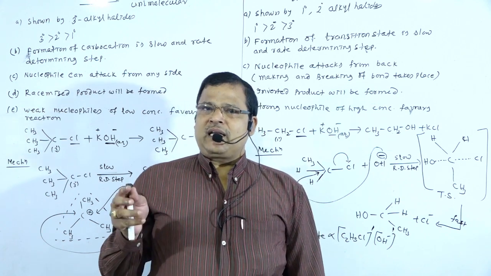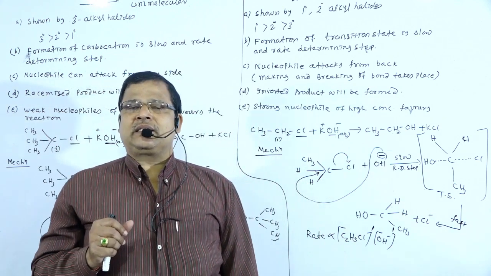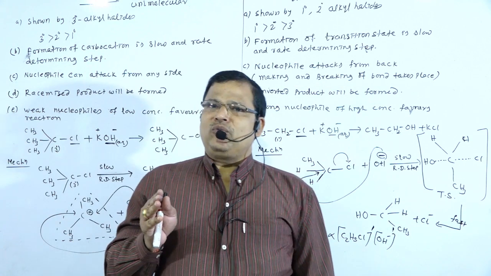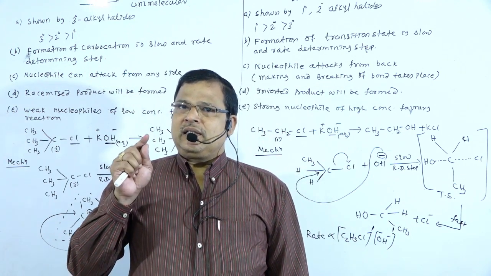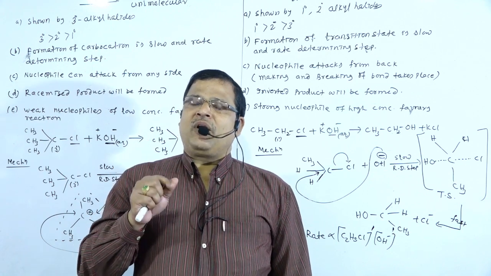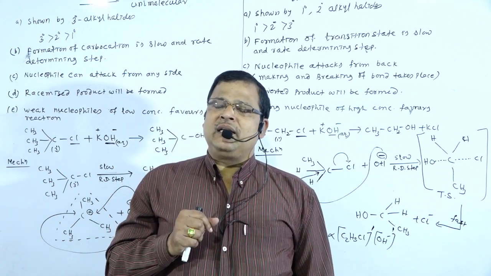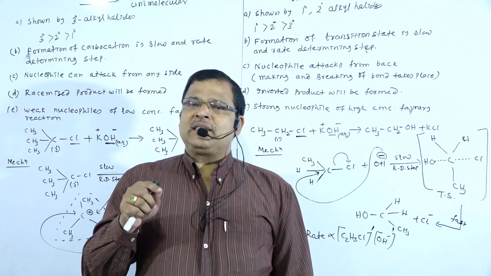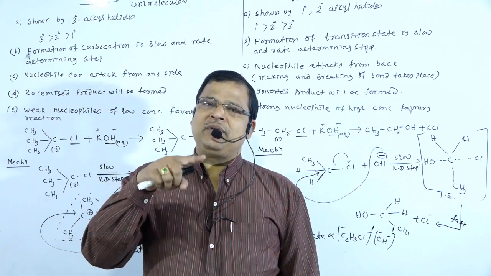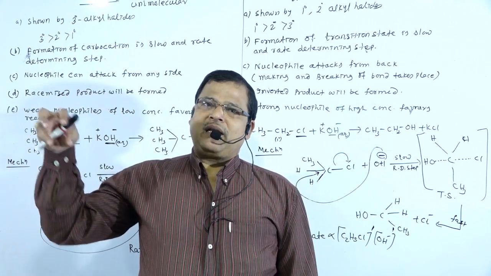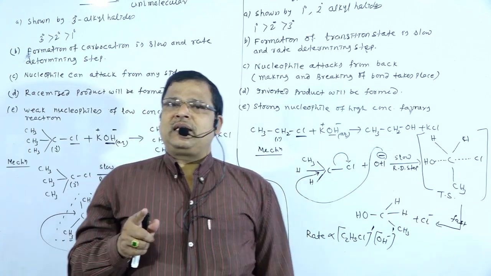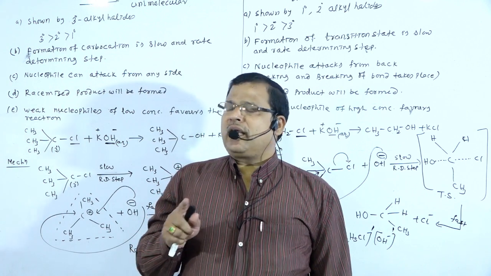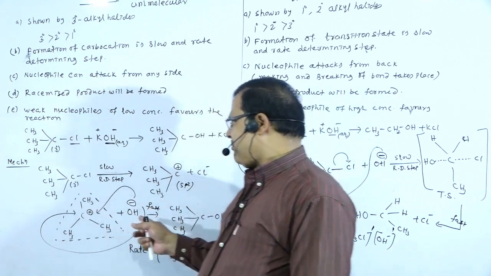After the formation of the carbocation in SN1 mechanism, the tertiary carbon atom carbocation is sp2 hybridized, trigonal in shape, so the nucleophile can attack from any side. So there is the formation of a racemized product, both D and L products will be obtained.